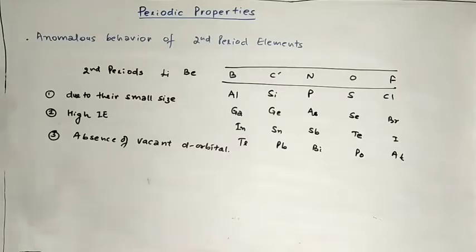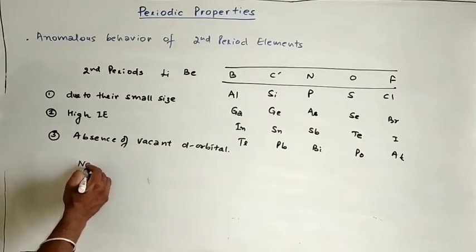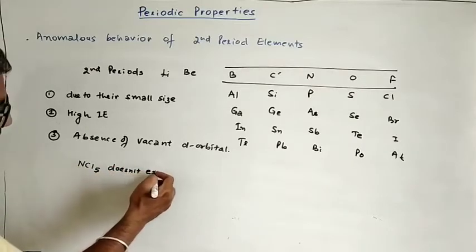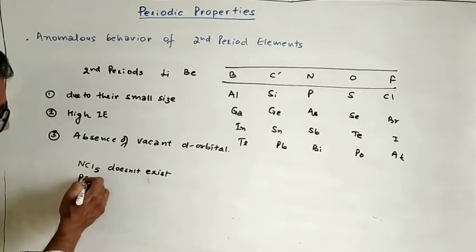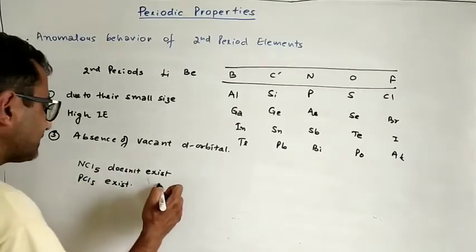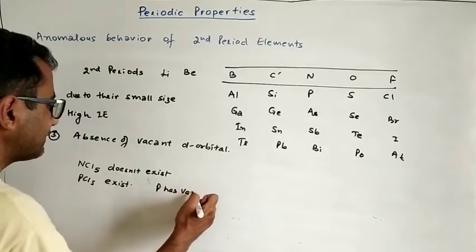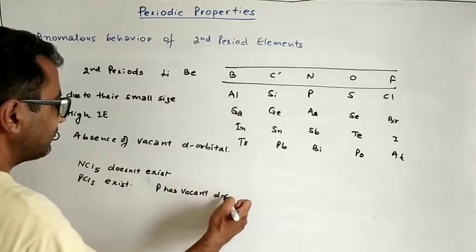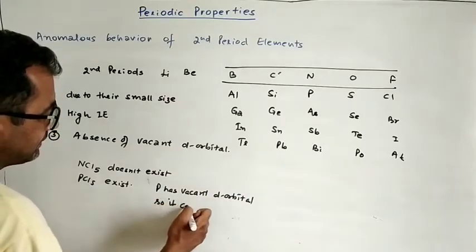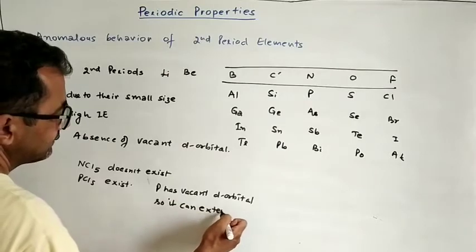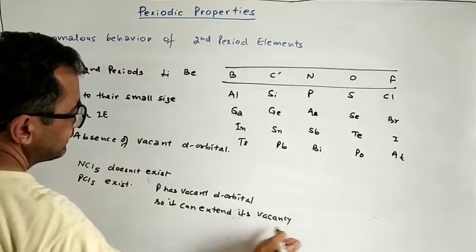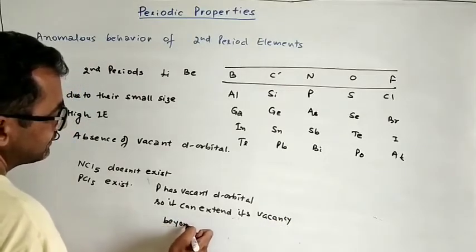हमने किया था कि NCl5 does not exist, but PCl5 exists. Reason: phosphorus has vacant d orbital, so it can extend its valency beyond 3.